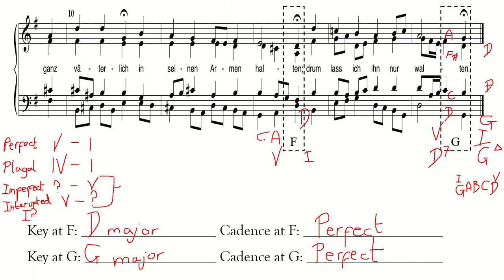If this note instead of being A was, let's say, G, then I'd go, what's that distance? Well, if that's the 1, then we go D, E, F sharp, G, so that's the 4, which is screaming Plagal cadence.